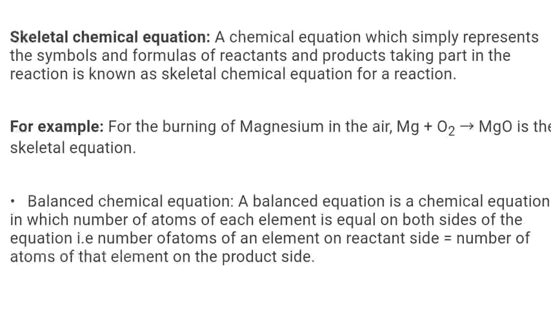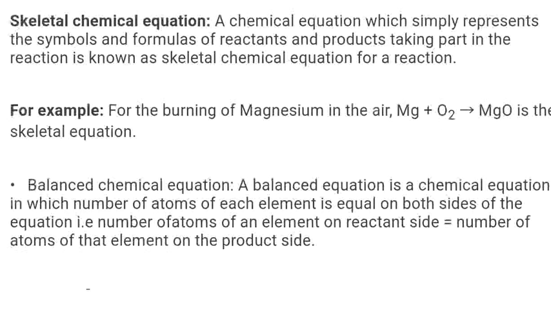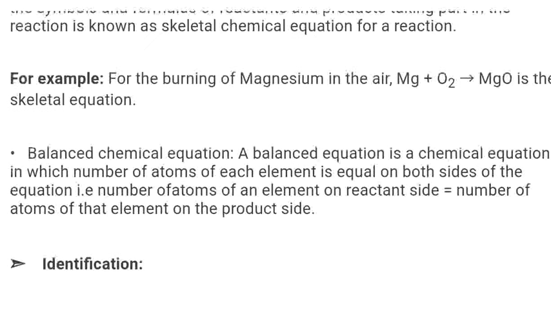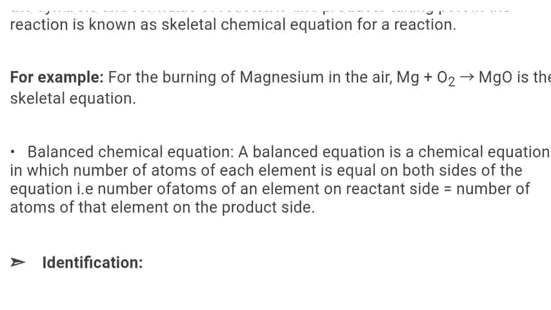A chemical equation which simply represents the symbols and formulas of reactants and products taking part in the reaction is known as a skeletal chemical equation. For example, burning of magnesium in air, Mg plus O2 will produce MgO, is a skeletal equation because it is not balanced.